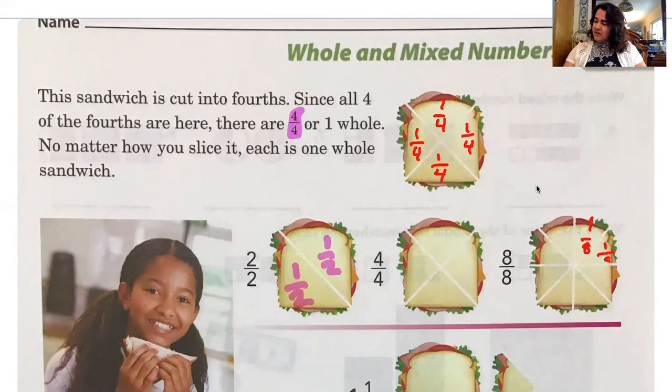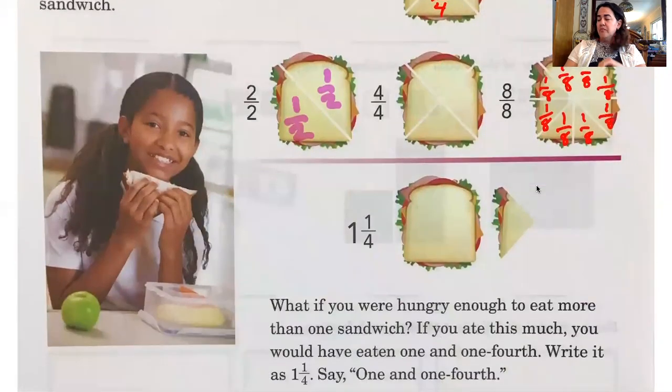This looks like the pizza we did the other day, right? So if I have 8 out of 8 pieces, I have 1 whole. Now this only works if the pieces are equal, right? Otherwise, it's not part of the same whole.